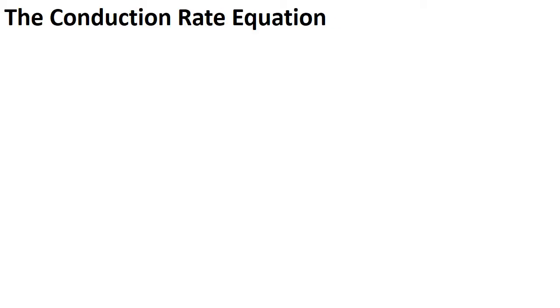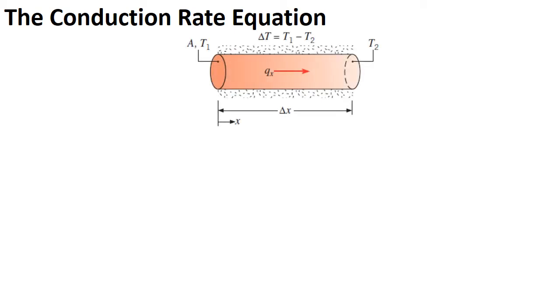First, we are going to discuss the conduction rate equation, which is also known as Fourier's law. Consider we have a cylindrical rod of uniform cross-sectional area A and length delta x.